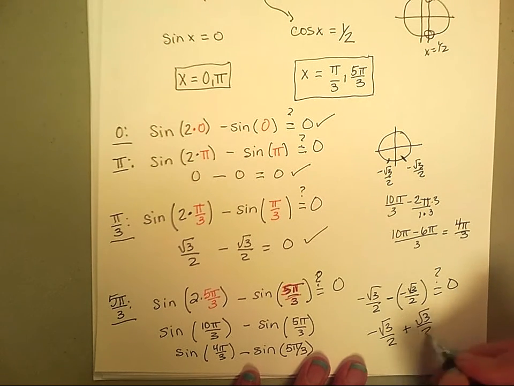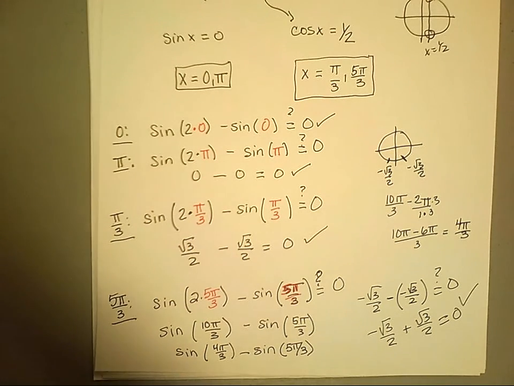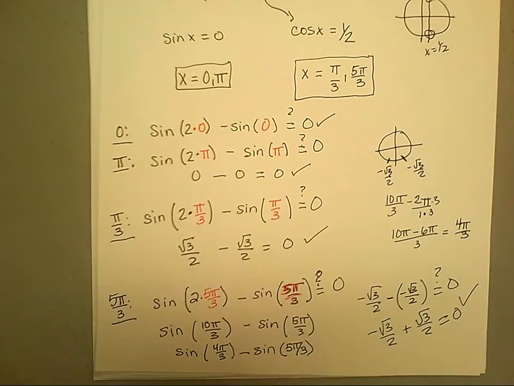Yes. Negative square root of 3 over 2 plus square root of 3 over 2 does equal 0. Okay. So these are all good solutions. But anytime we do a substitution, we need to make sure that we're checking.